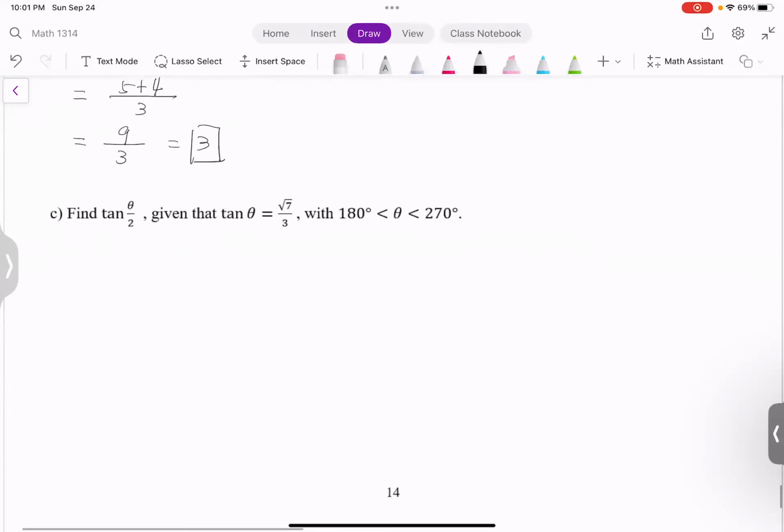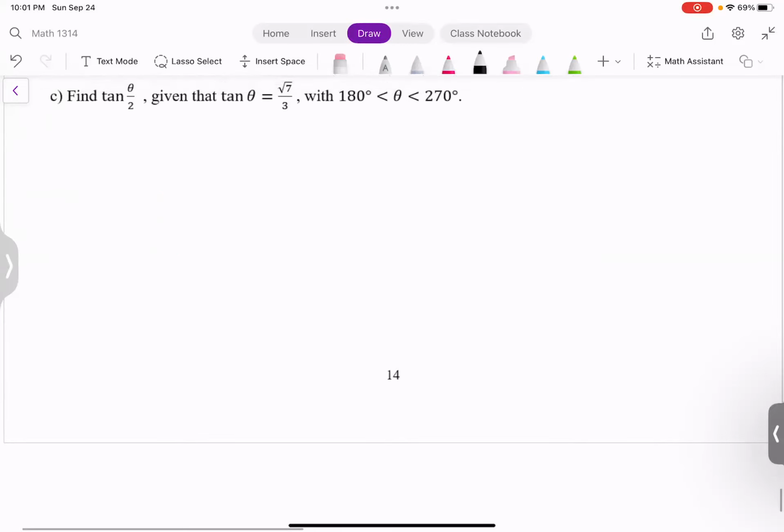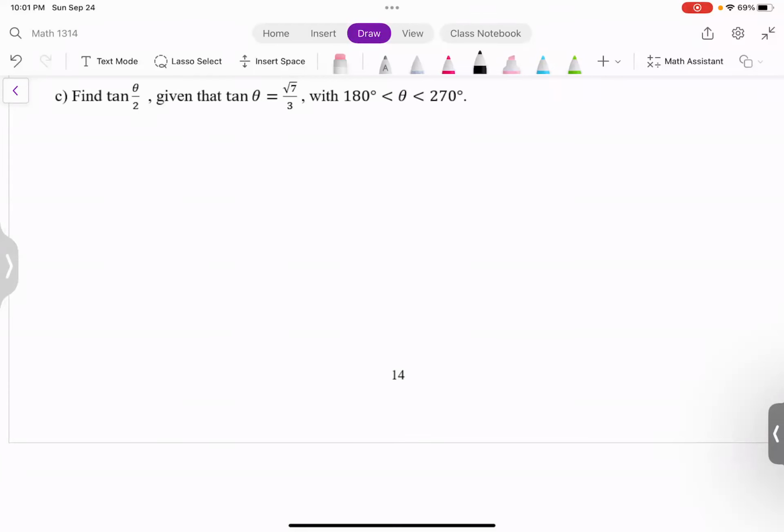All right, let's see the next example. Find the tangent of theta over 2, given that tangent theta equals square root of 7 over 3, with theta greater than 180 degrees and less than 270 degrees. We have so many formulas. So how about we choose the one we use often?